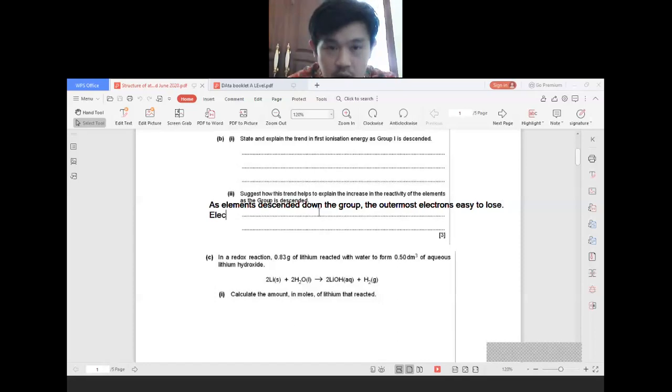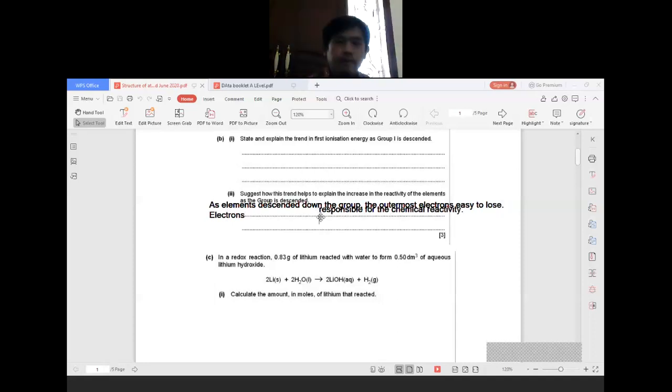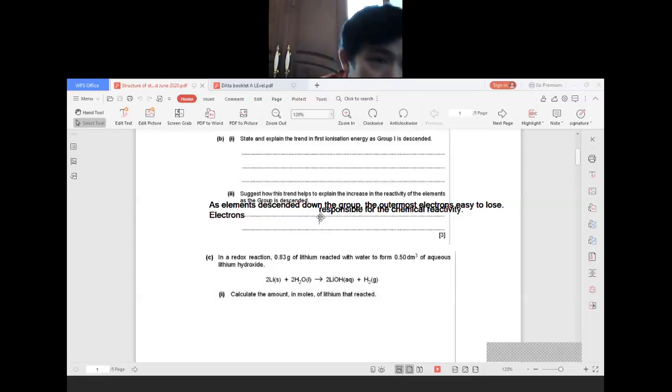Electrons are responsible for the chemical reactivity. That means if the electrons are easy to lose, the more reactive the element is.